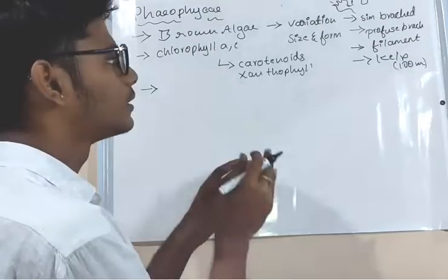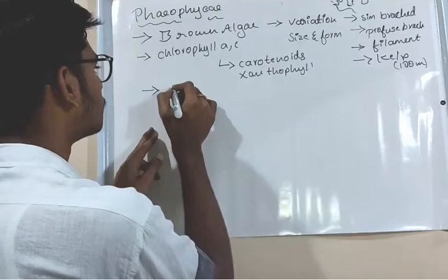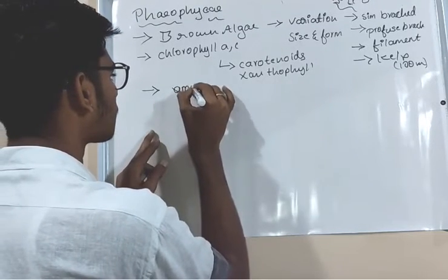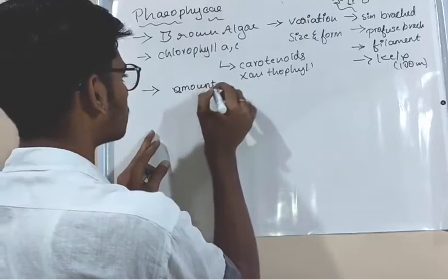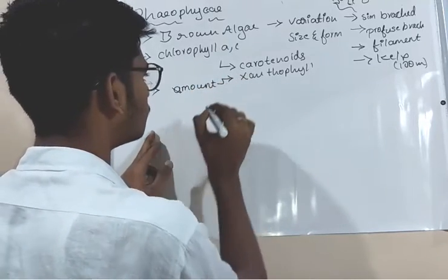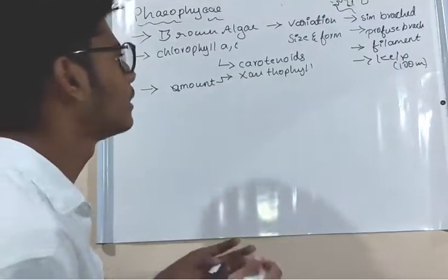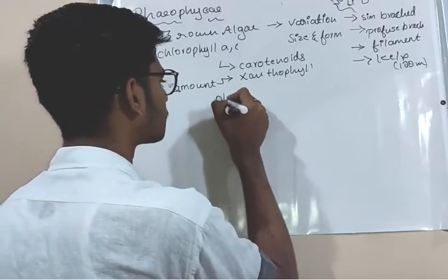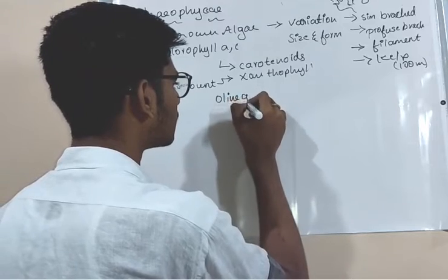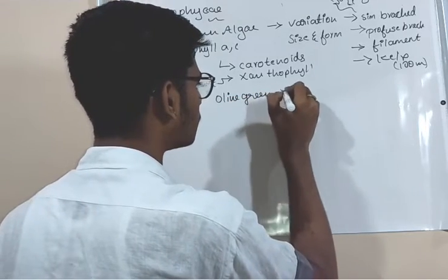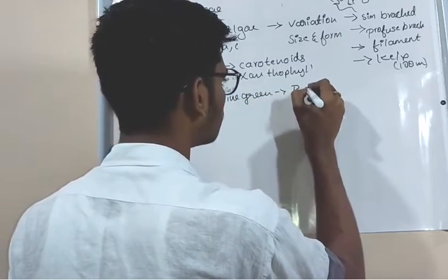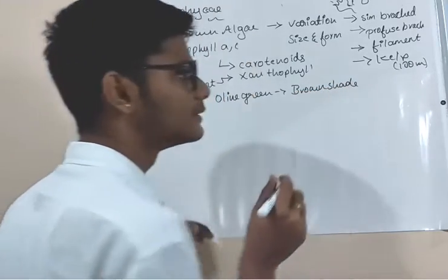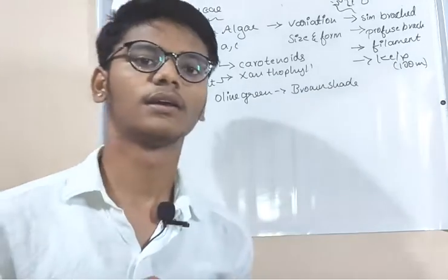The amount of xanthophyll will decide the color of this algae. It varies from olive green to shaded brown color.